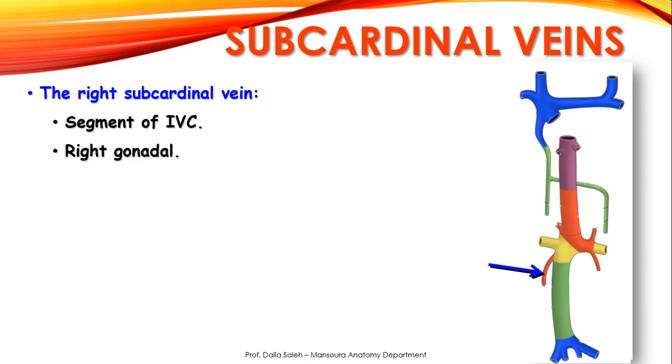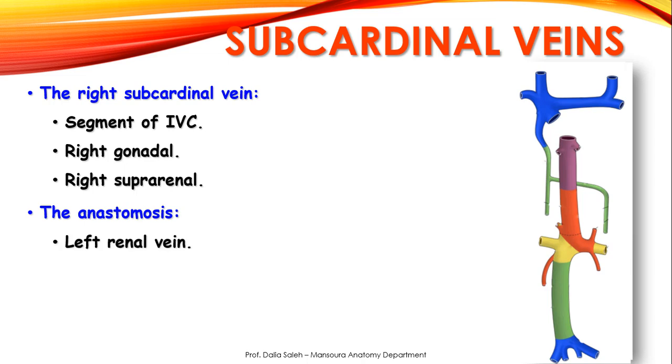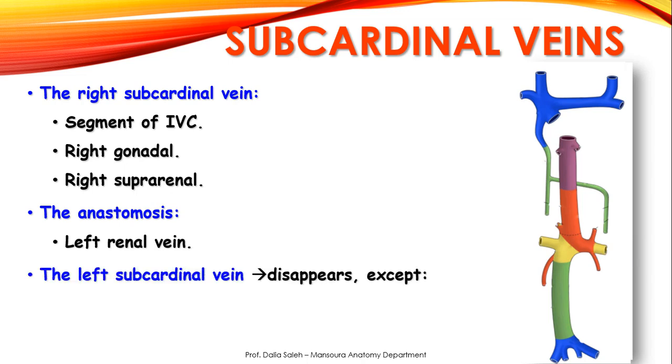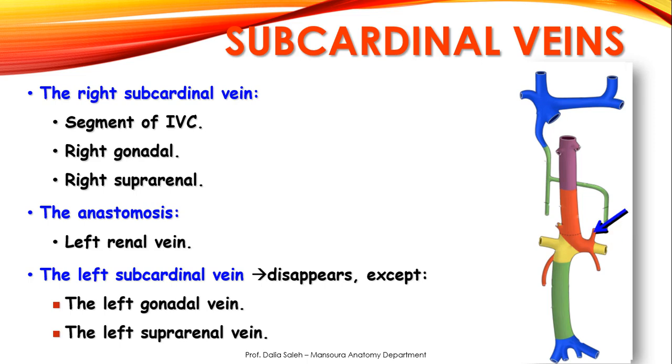It will also on the right side form the right gonadal vein and the right suprarenal vein. The anastomosis between the two subcardinal veins will form the left renal vein. The left subcardinal vein mostly disappear or degenerate except for the left gonadal vein and the left suprarenal vein.